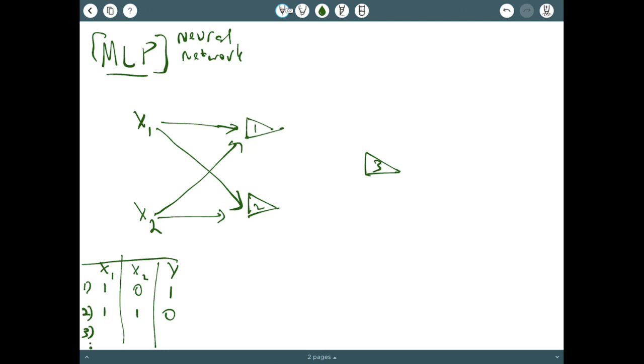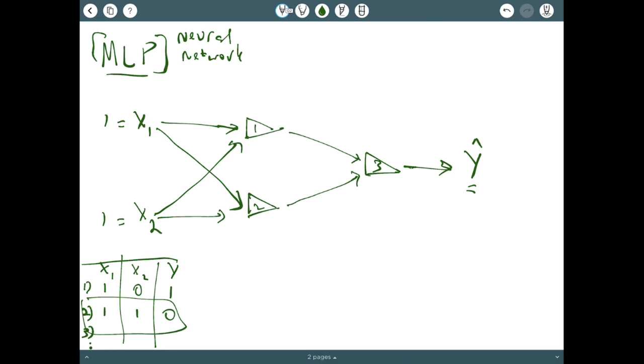And there are also connections between the neurons. Neuron 1 is connected to neuron 3. Neuron 2 is connected to neuron 3 as well. And then there's an output, we call it y hat. It's our prediction. Let's say we are looking at the second example of data, so x1 is 1, x2 is 1, and y is supposed to be 0.